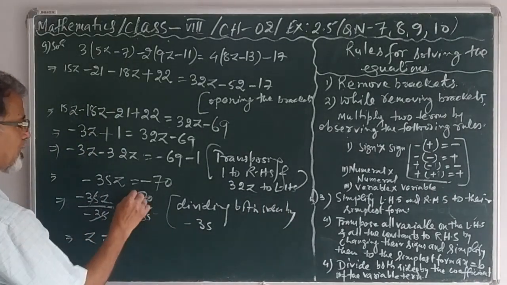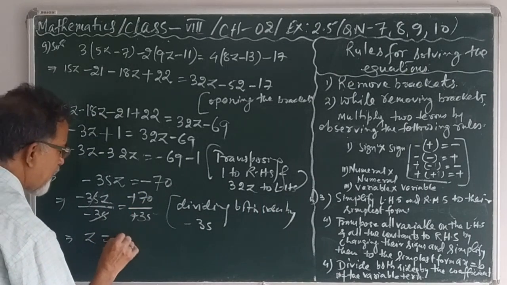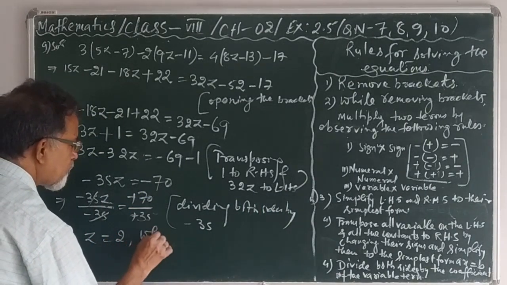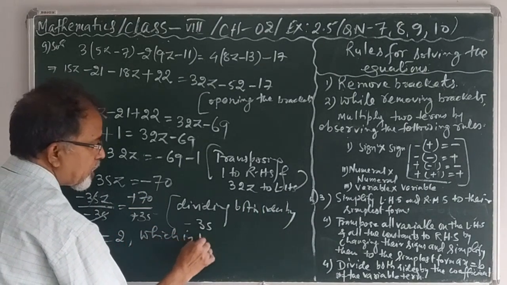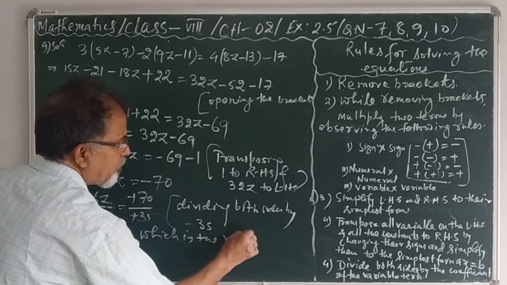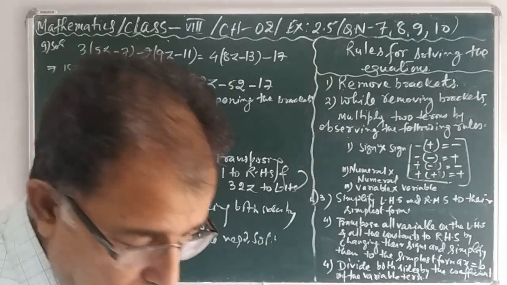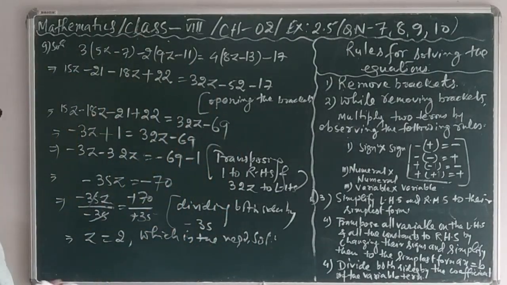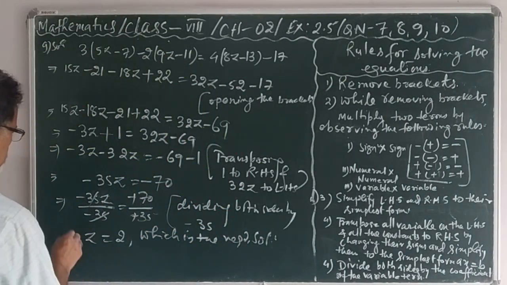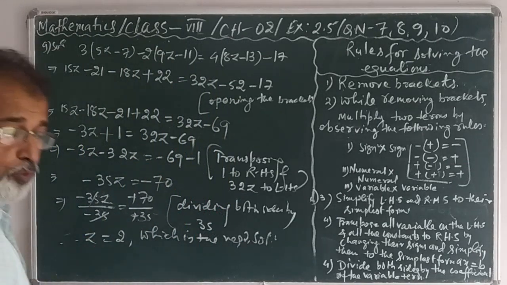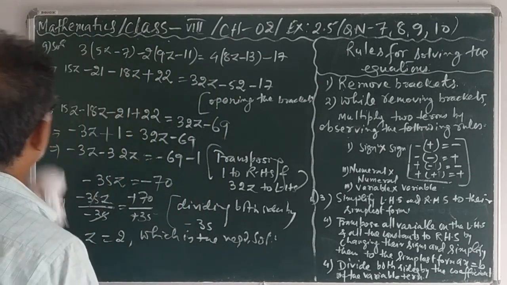Minus and minus cancel and 35 times 2 is 70. Therefore z is equal to 2, which is the required solution.